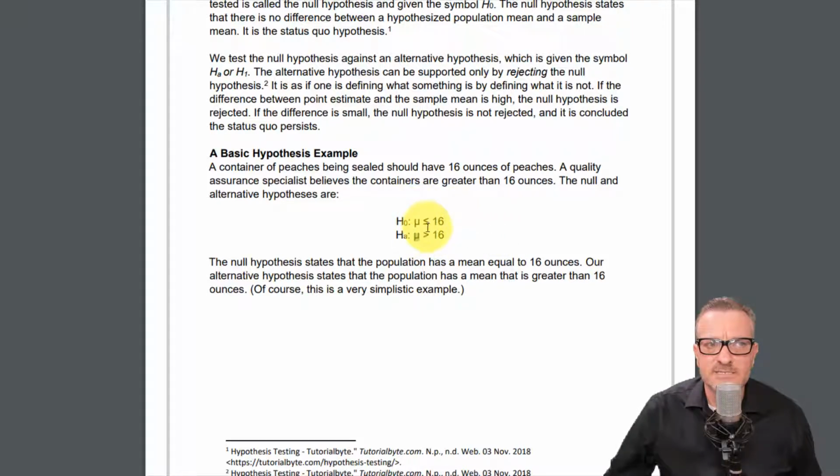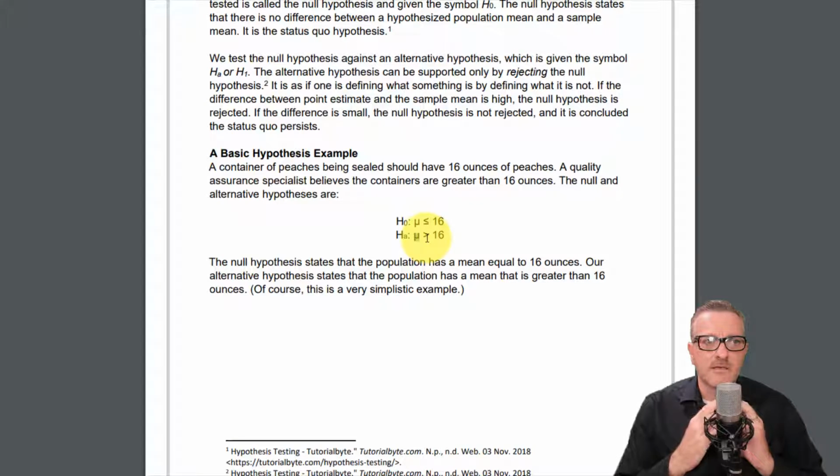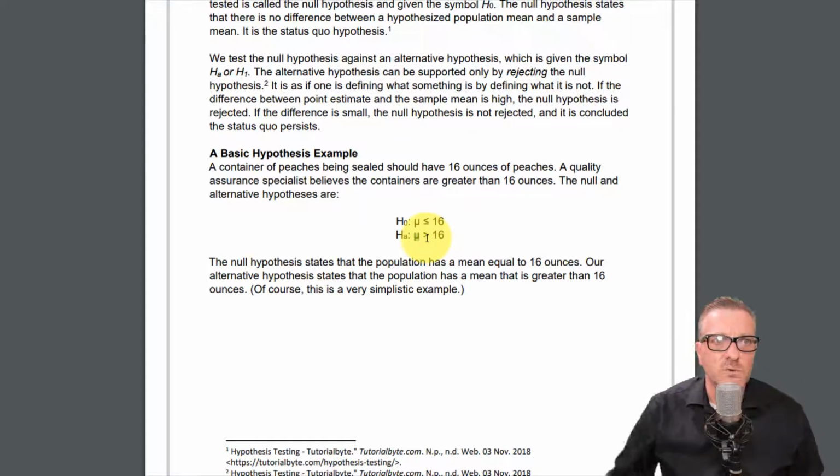So we always set these up like this, as long as we're not doing a two-tailed test, we always set these up with the null hypothesis being equal to or less than or greater to. So that's the standard. And then the alternative hypothesis is always going to be based on what we're testing for.